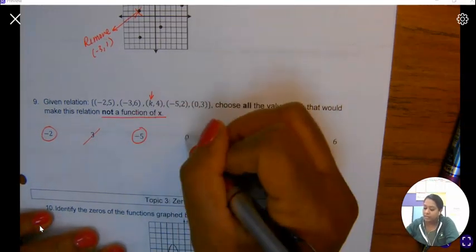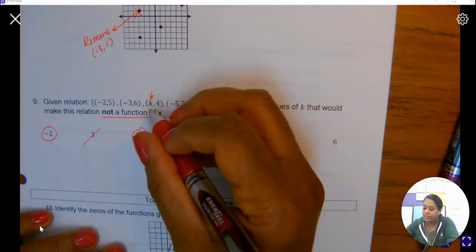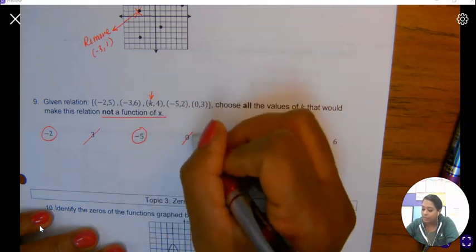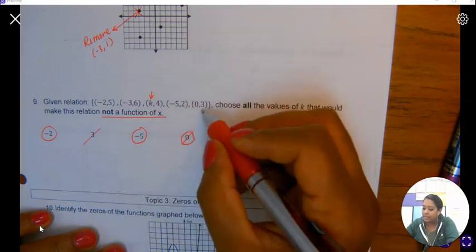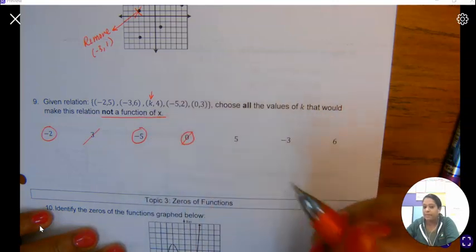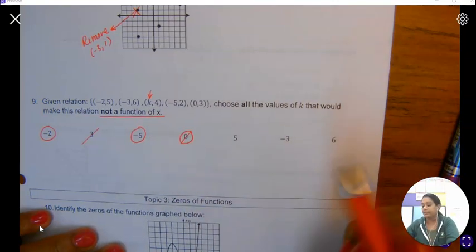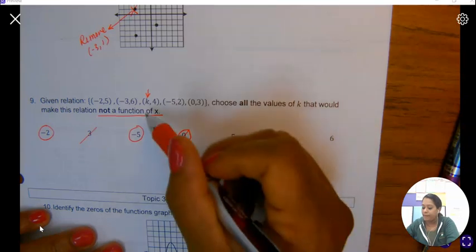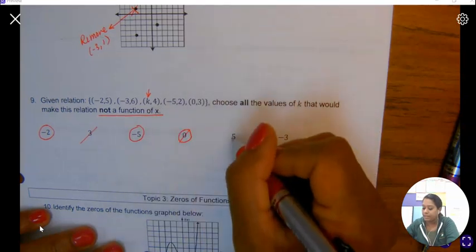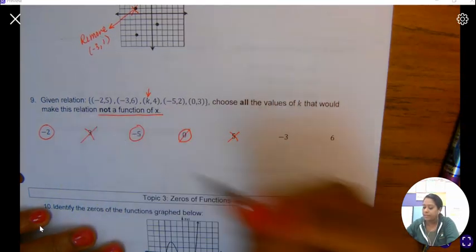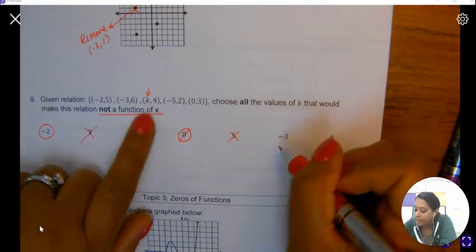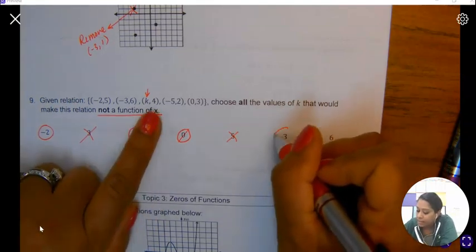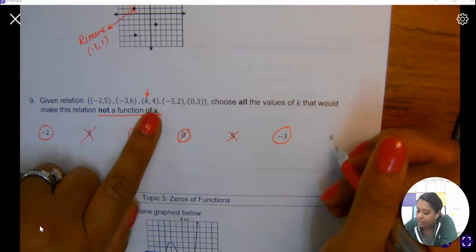If I plug 0, then that would remain a function, because oh, no, it wouldn't. Then 0 would be repeating. Oops. 5, if I pick 5, then that would remain a function, so I'm not going to pick that one. And then -3, if I plug -3, that would ruin it. That would make it not a function.